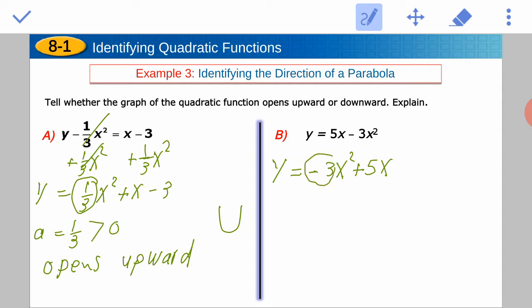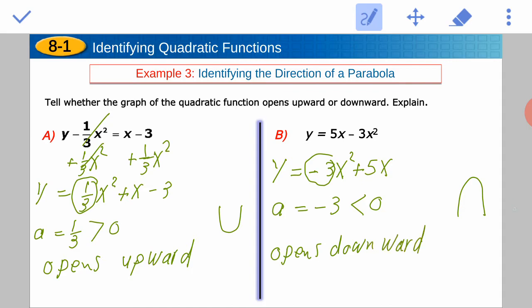From that number in front of x squared. This time a equals negative 3, and negative 3 is a negative number. Definitely it's less than 0, so the opening direction of this parabola is this way. It's gonna be a sad face parabola. So the parabola opens downward. This time it's downward. Very easy.